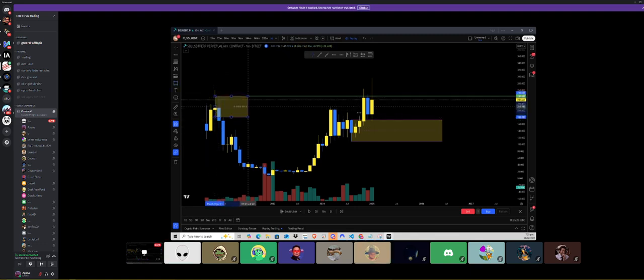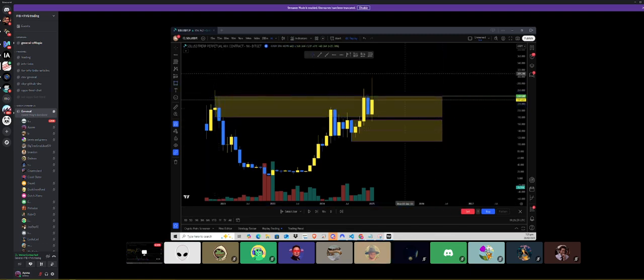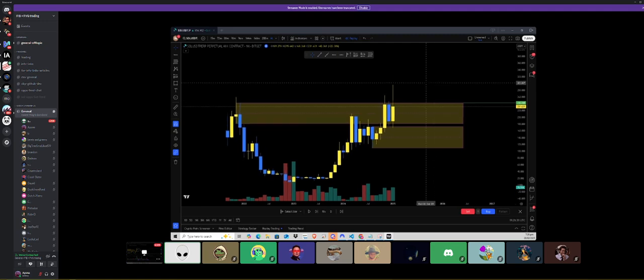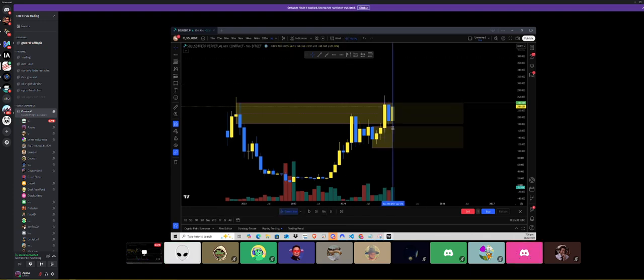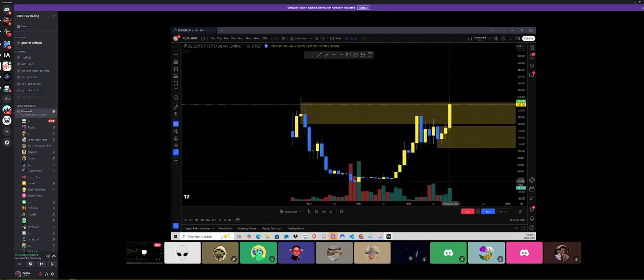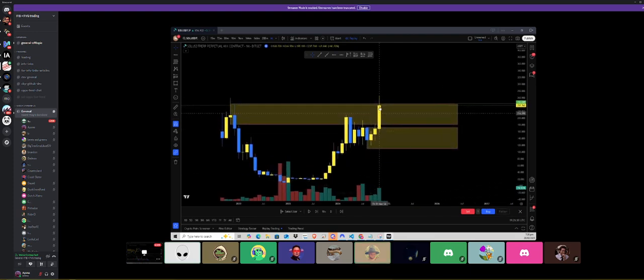Okay, this is how you see a blow off top. It's when there is no resistance anymore, but there is support on a higher time frame. So this wick up cleared monthly resistance, broken, gone.